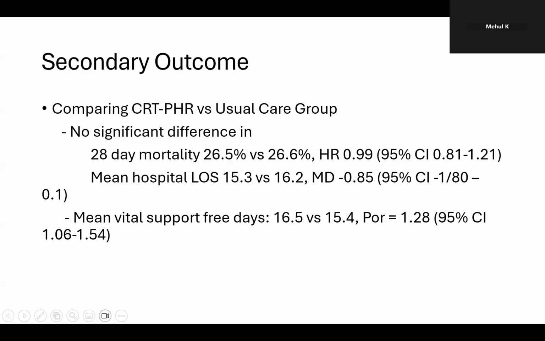Is it actually that good? Probably not. If you look at your secondary outcomes, it's probably not that great. But if you look at just your win ratio, and you exclude your ties, you're going to end up with a conclusion that the patient in the treatment arm has a 16% more likelihood of a better outcome, which is driven by just a 1 day decrease in hospital stay and vital organ support free days.